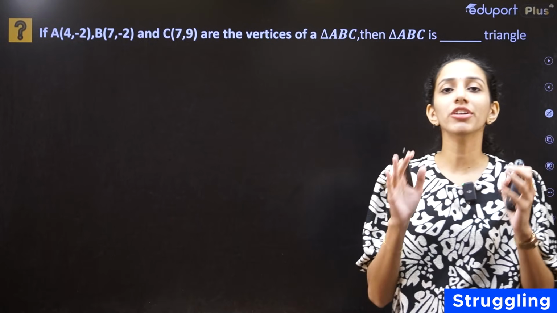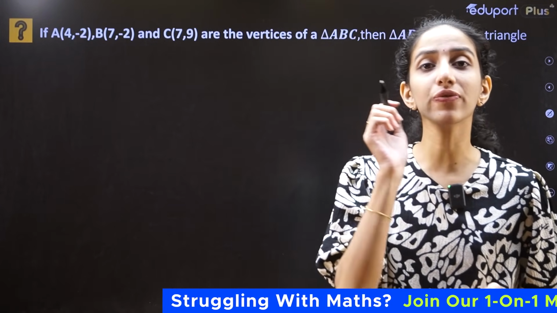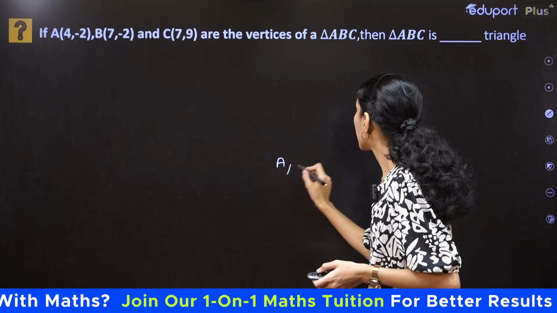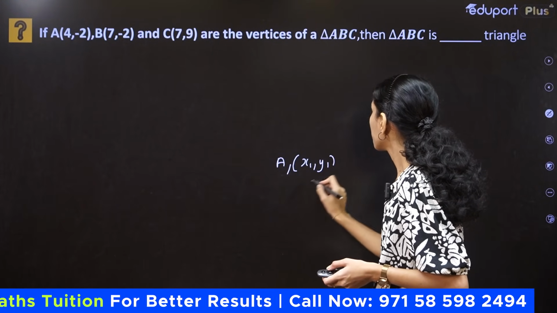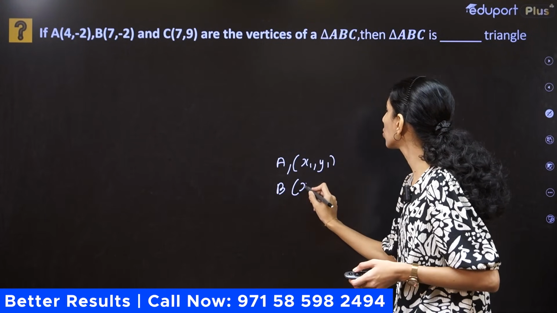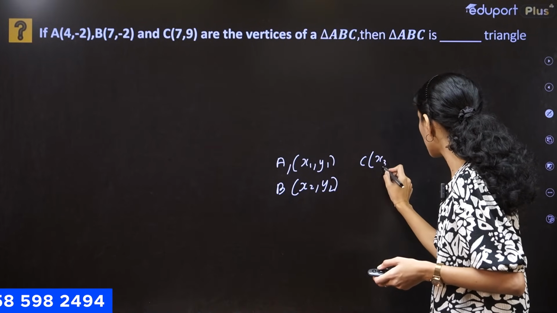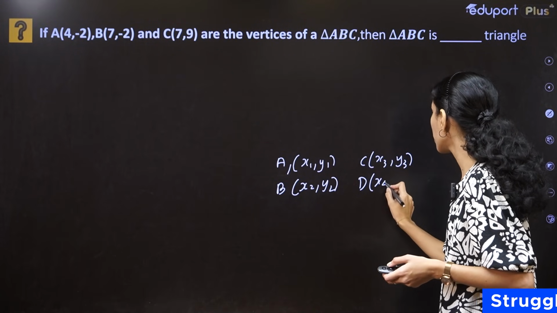So we discussed the triangle. Then what about a quadrilateral? That is, if you have four vertices, A as x1 y1, B as x2 y2, C as x3 y3 and D as x4 y4.